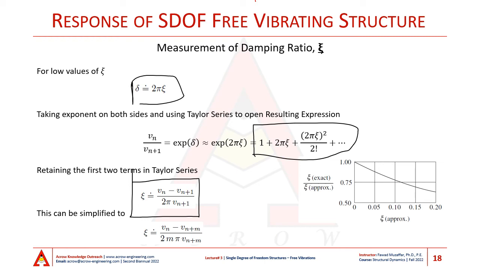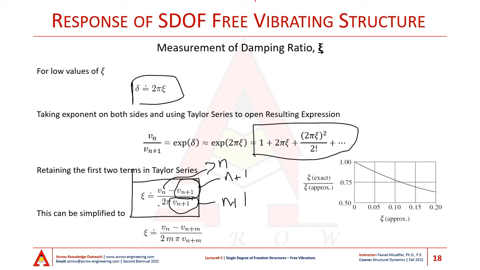This equation is nothing but the peak response at cycle n minus the peak response at cycle n plus 1, over the peak response at cycle n plus 1, divided by 2 pi.